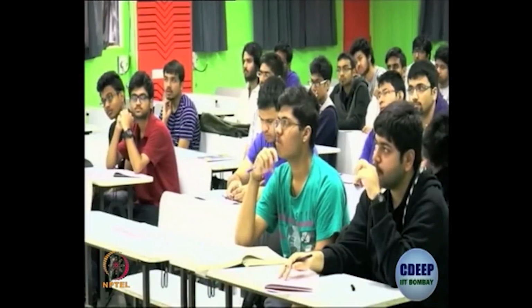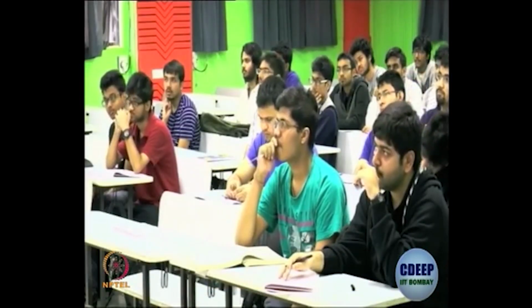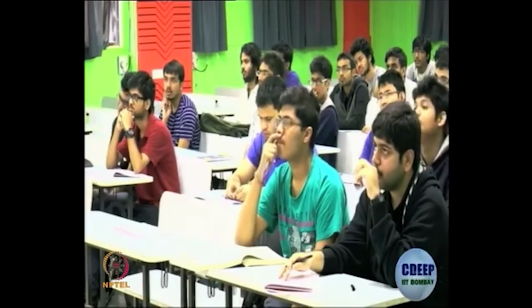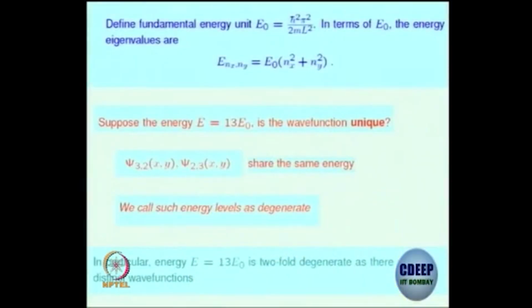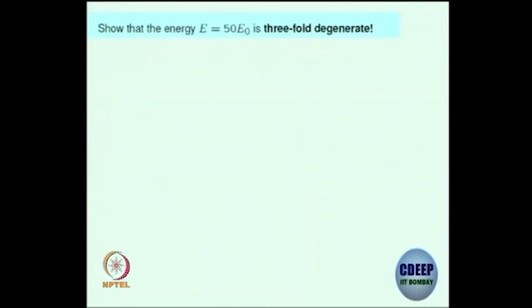Yeah, so I'll give you one more thing where you will see an accidental symmetry. It happens because of the symmetry of the square, but there could also be accidental symmetry. So let me try and give you that example. 50 E naught. What are the possibilities?